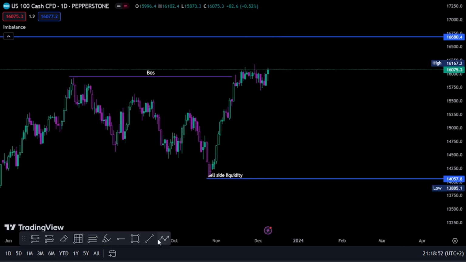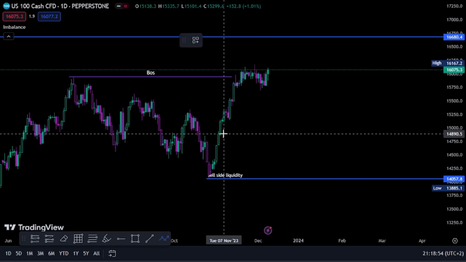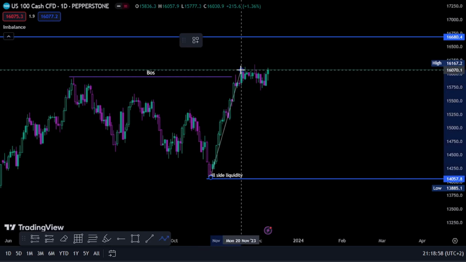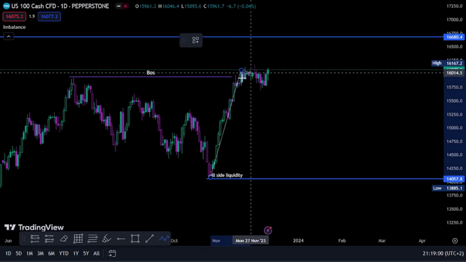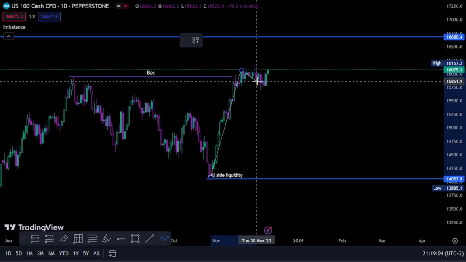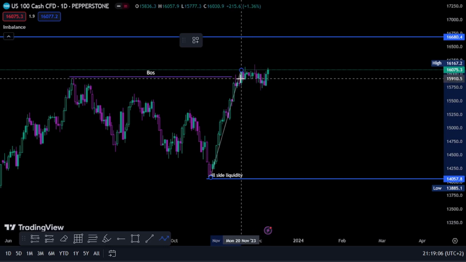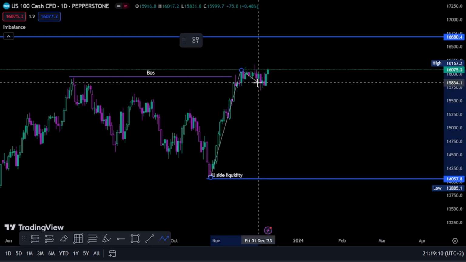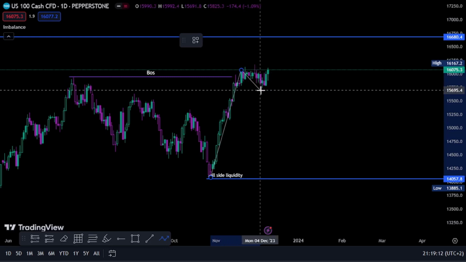And then remember what I said to you guys is that we have our push up here, and then to make this a valid pullback, we need three candles to close below each other. There is a first candle, there is a second candle, and there's a third candle.